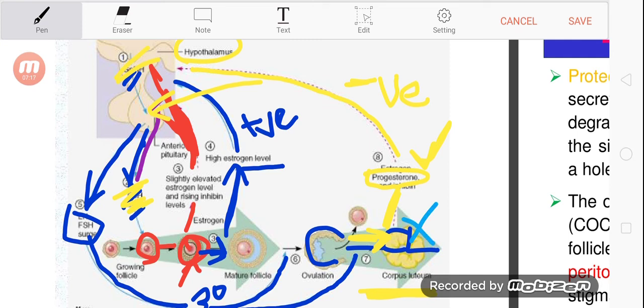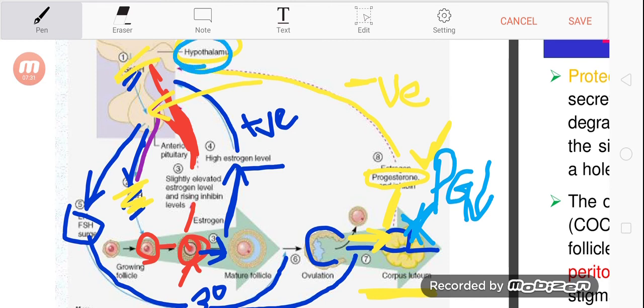No more corpus luteum. Progesterone, PG, will drop in concentration, no secretion. So the hypothalamus reactivates and secretes GnRH. With GnRH present, it will reactivate the anterior pituitary and it will secrete FSH and LH.